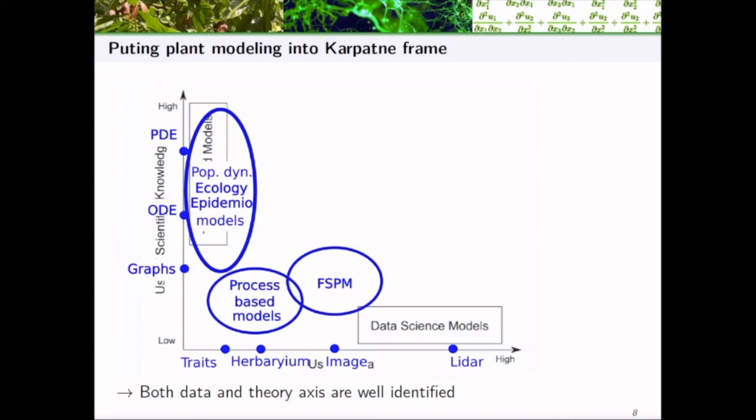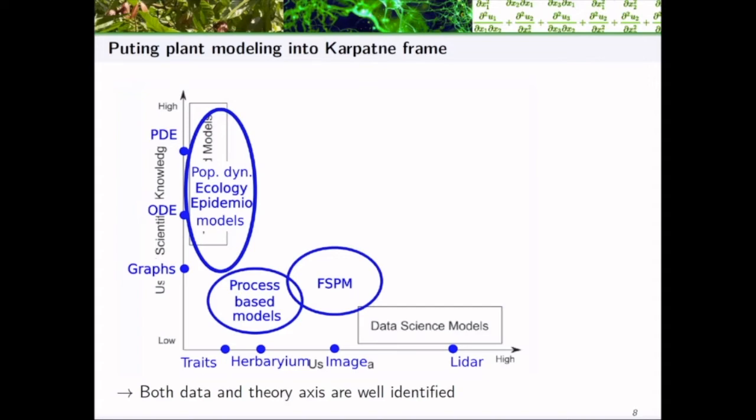On the data axis, you can see traits, images, LiDAR, and on the scientific knowledge axis, you can see PDE, ODE, ordinary differential equations, or graphs, and you can also see the different functional structural models, or process-based models. Hey, by the way, don't you see there is an empty zone on the upper right corner?